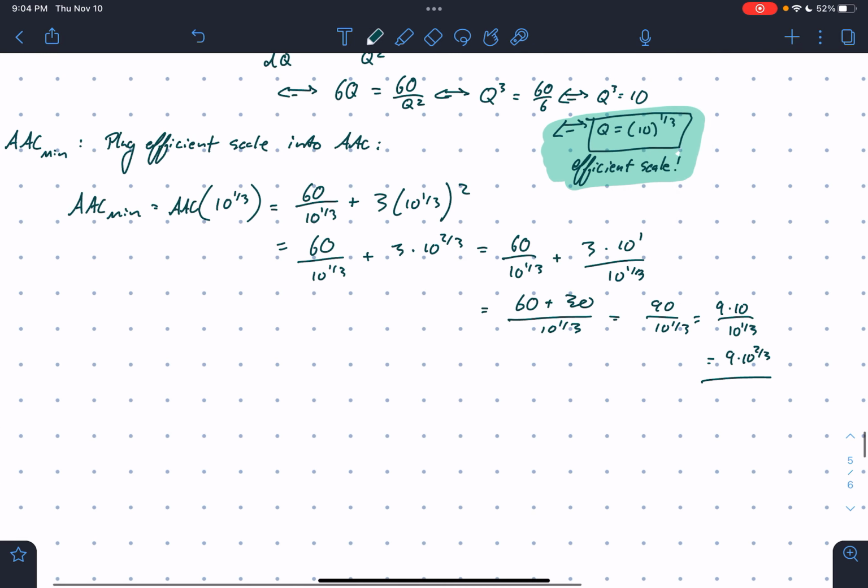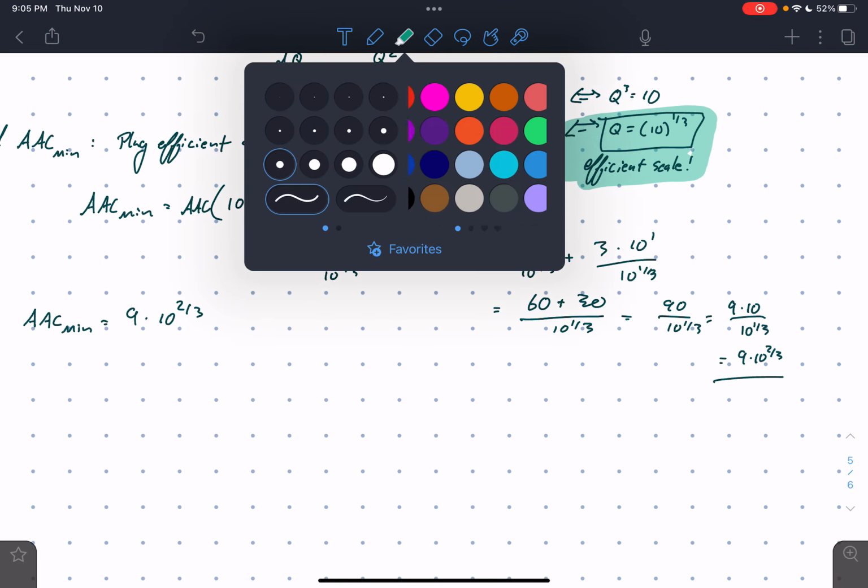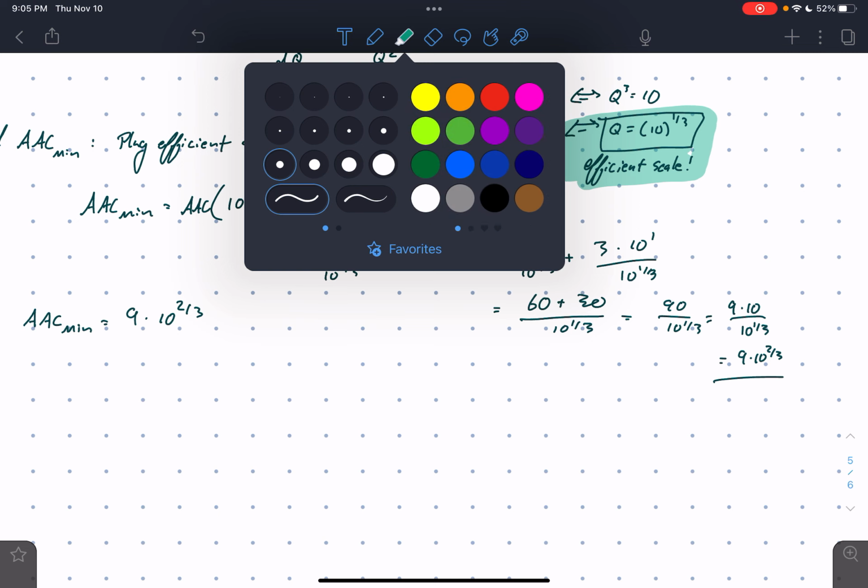Okay, so just to summarize, AAC min is 9 times 10 to the 2/3. After a bit of algebra. Let's try a different color. Let's do pink.